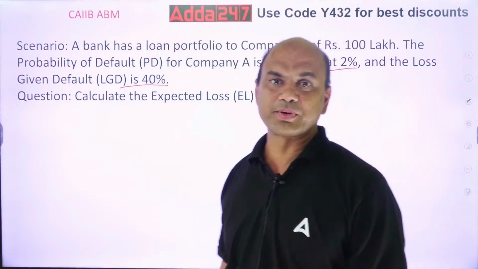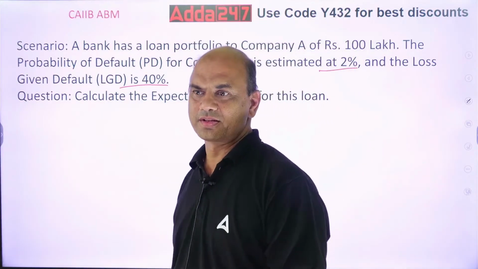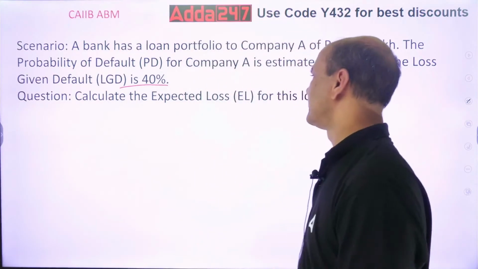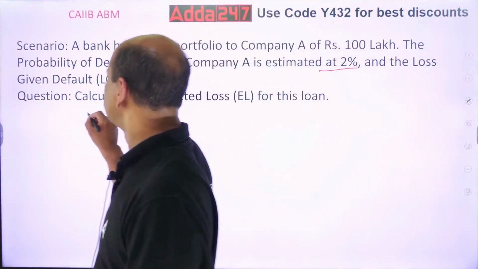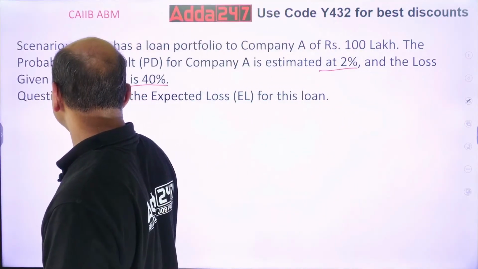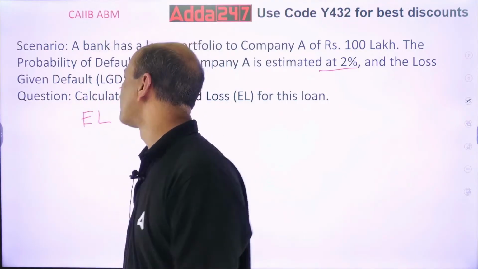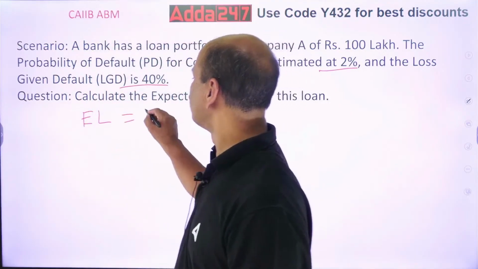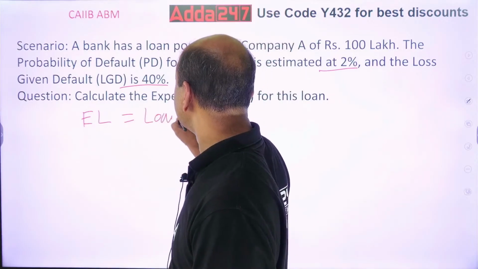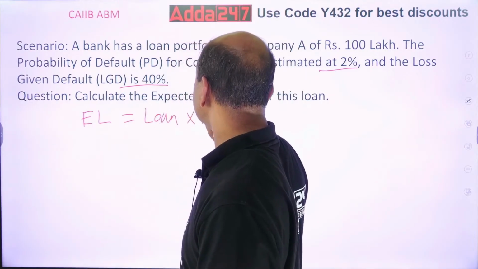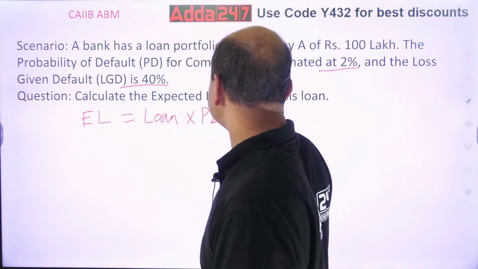How to find the expected loss? Does anyone have the formula? Expected loss, I'll write EL only. EL equals loan amount into probability of default into LGD.